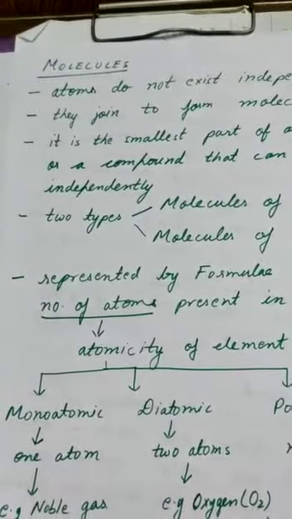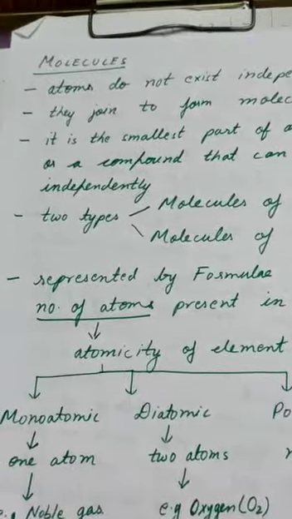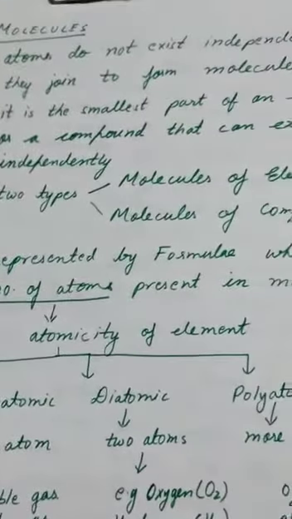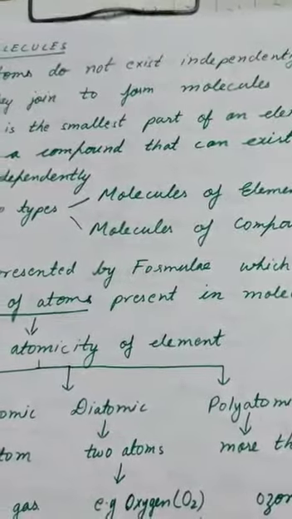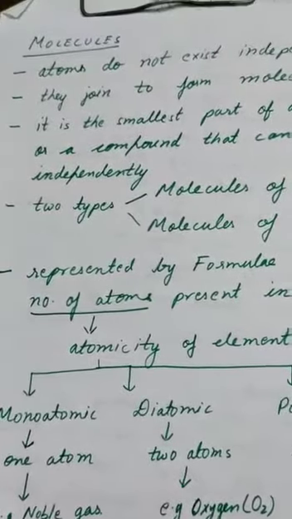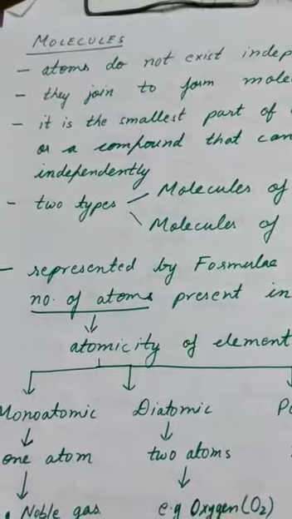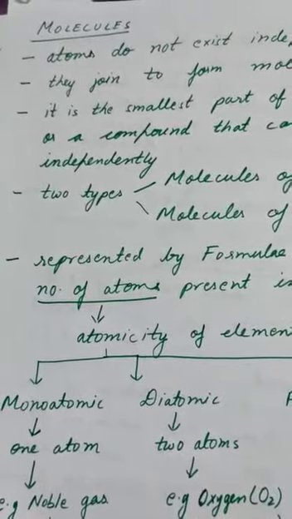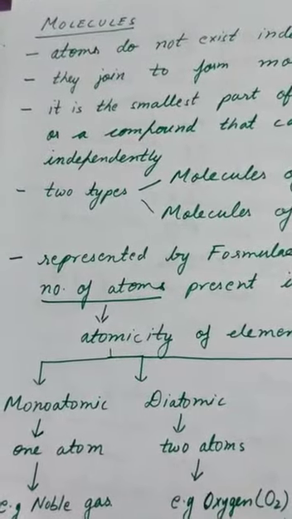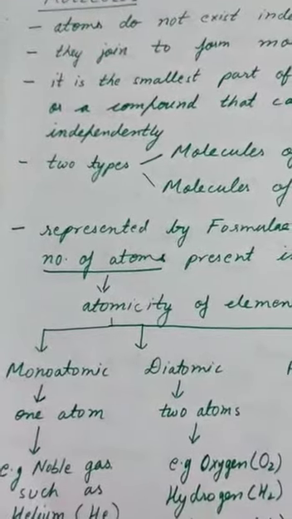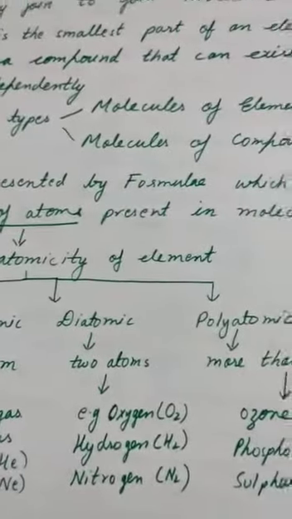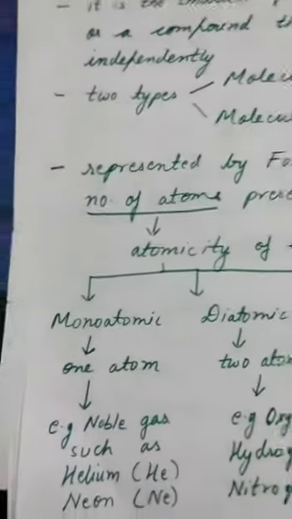Again, like elements are represented by symbols, these molecules are represented by formulas which give the number of atoms present in a particular molecule, and the number of atoms present in a molecule represents the atomicity of the element. Depending on this, the molecules can be monoatomic, diatomic or polyatomic.